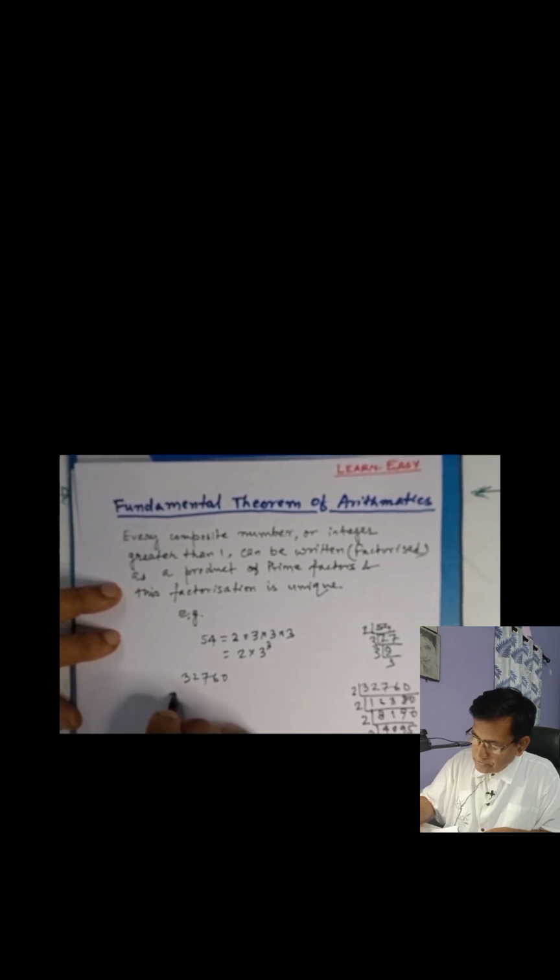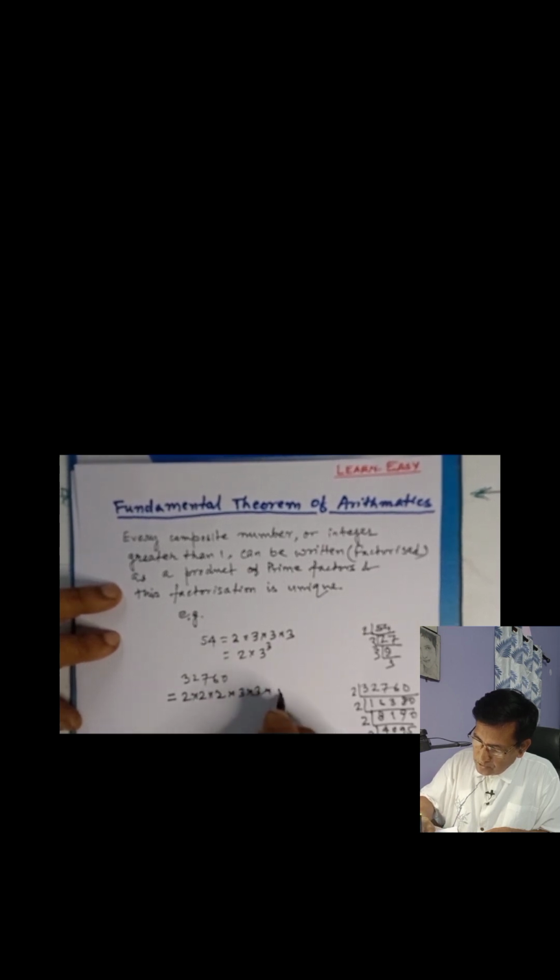so here we can write the factors of 32760 as 2 into 2 into 2 into 3 into 3 into 5 into 7 into 13.